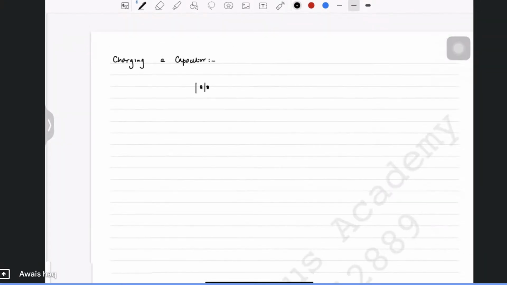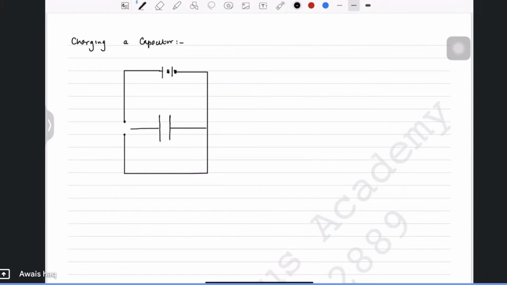So you'd put it like this. The circuit is made like this, and then you have something like that, and there's a two-way switch here.